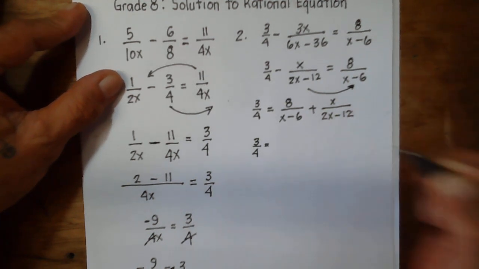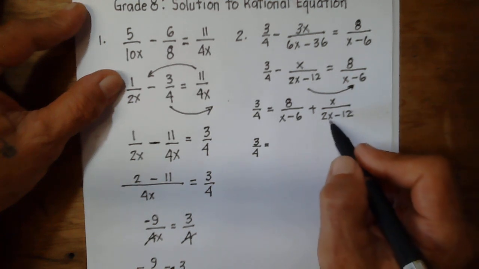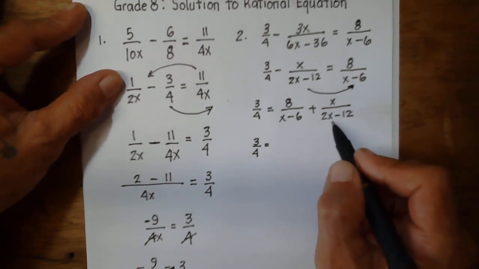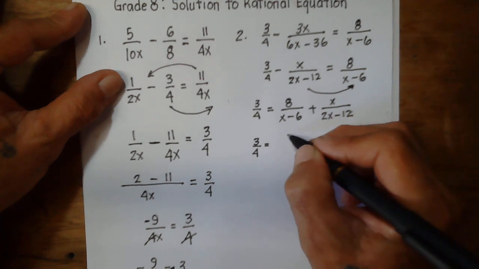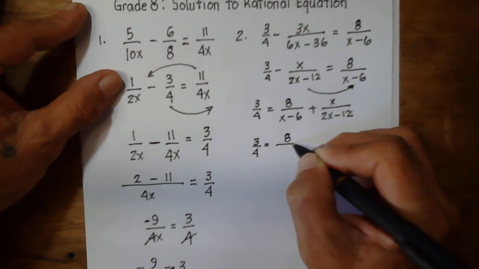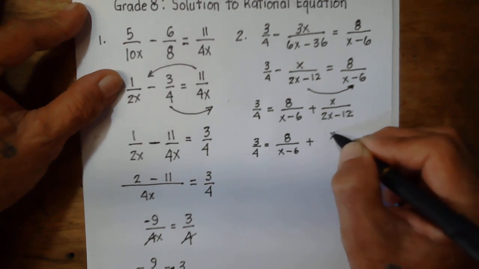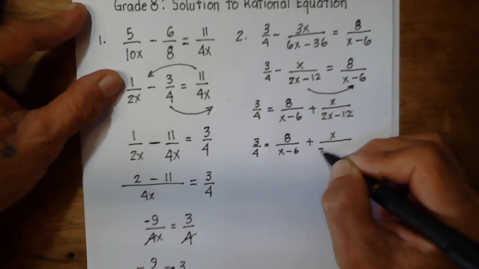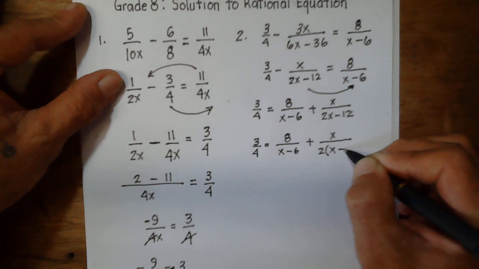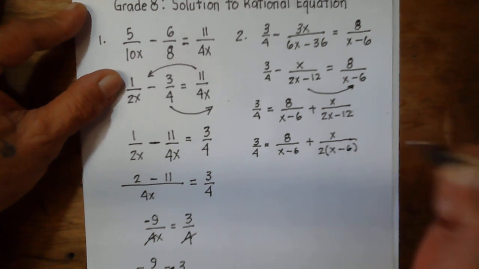Okay, but before we find the LCD, let us first try to simplify the denominator, 2x minus 12. So we get 8 over x minus 6 plus x over 2 times x minus 6.